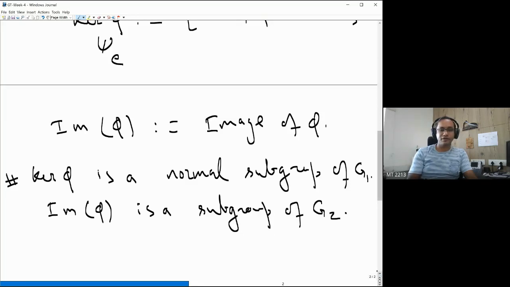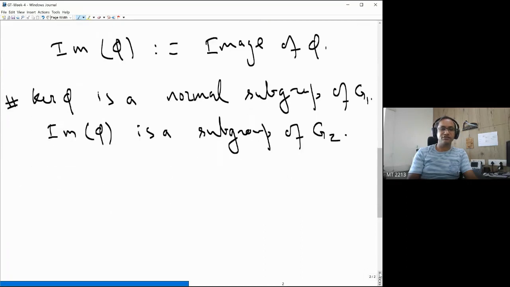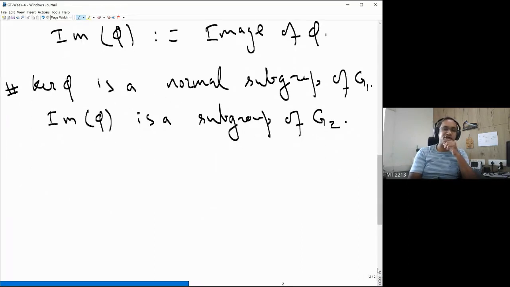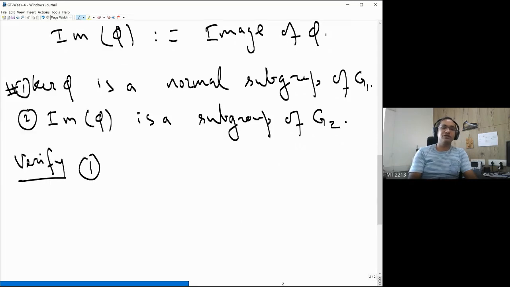Okay, let's verify these things. This will also give you some examples of subgroups. I mean, you can produce more examples of groups in some sense. If you know some group homomorphisms, then you can look at the kernel and image. So let's verify these two, say this is 1 and this is 2.